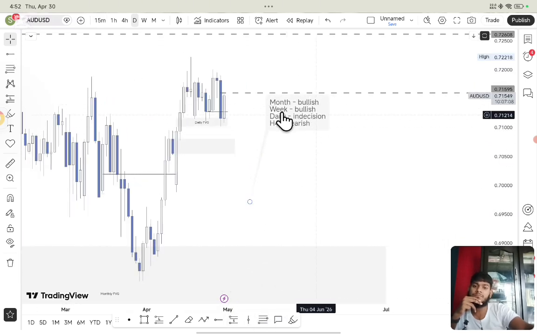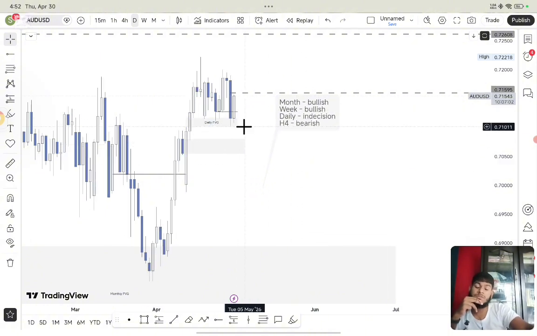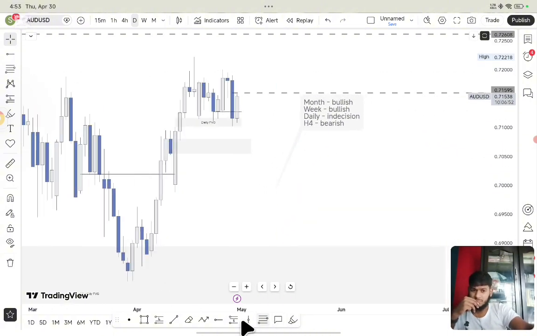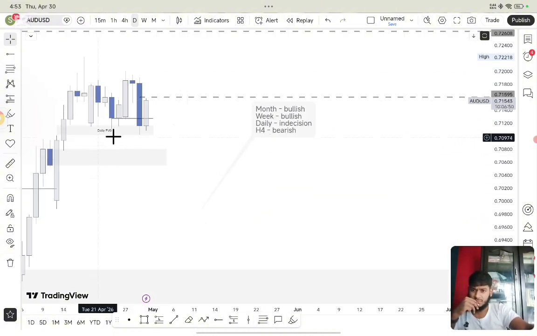As I have written in this one, monthly is bullish, weekly is bullish, daily was indecision. I would say it is still indecision until this candle is formed. H4 is bearish, even though daily is sitting at this bullish fair value gap.